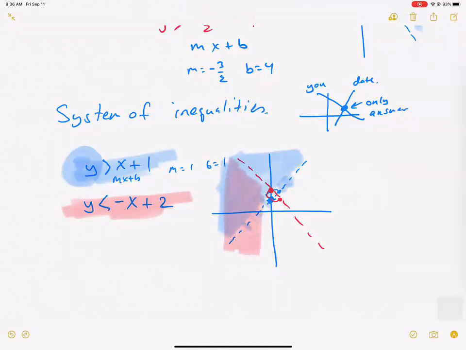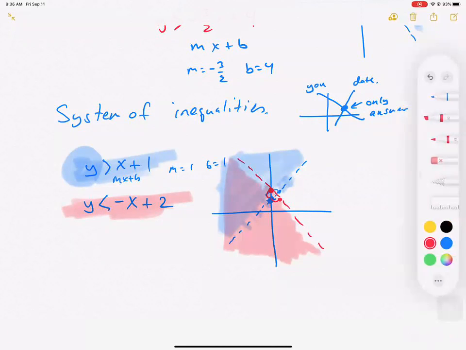And I'm using colored highlighters here. And it's obviously only one place that's circled twice, or highlighted twice. So it turns out the region that is true for both statements is true for both sides.